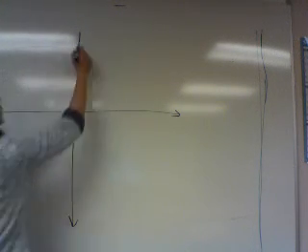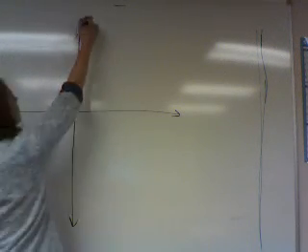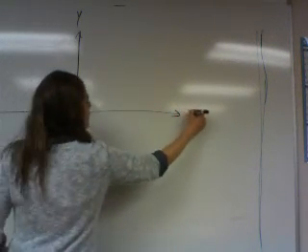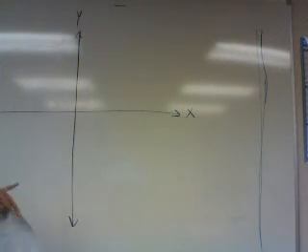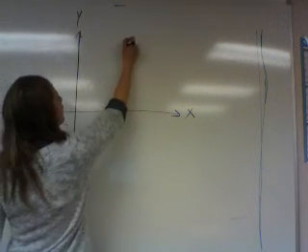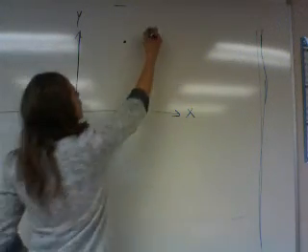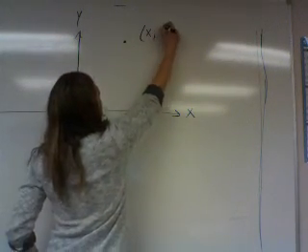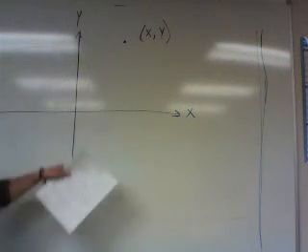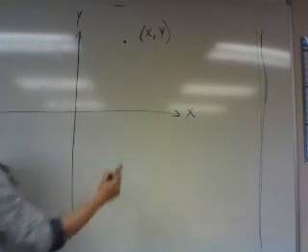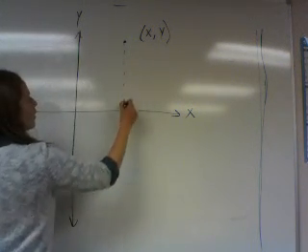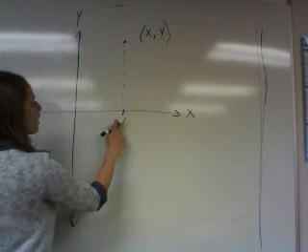A couple of things I want to review are just that this is the y-axis and this is the x-axis. And we know if we want to find the coordinates of this point, x comes first, then y. How you find the coordinates of that point is you look to see what this x value is.